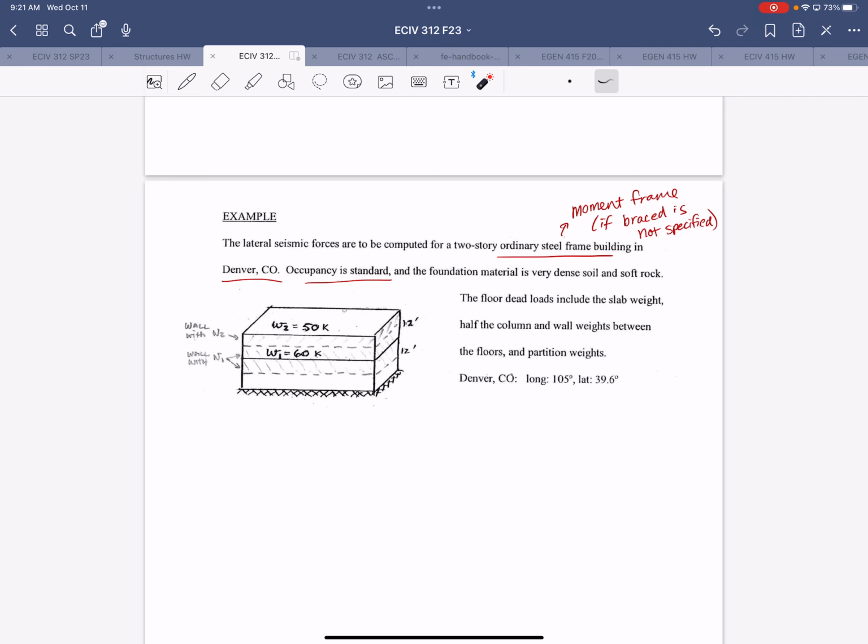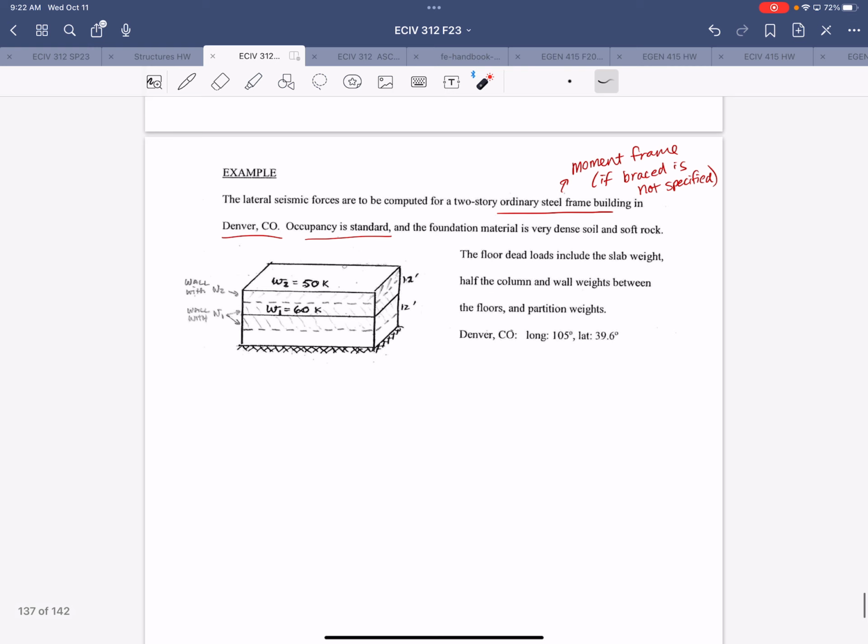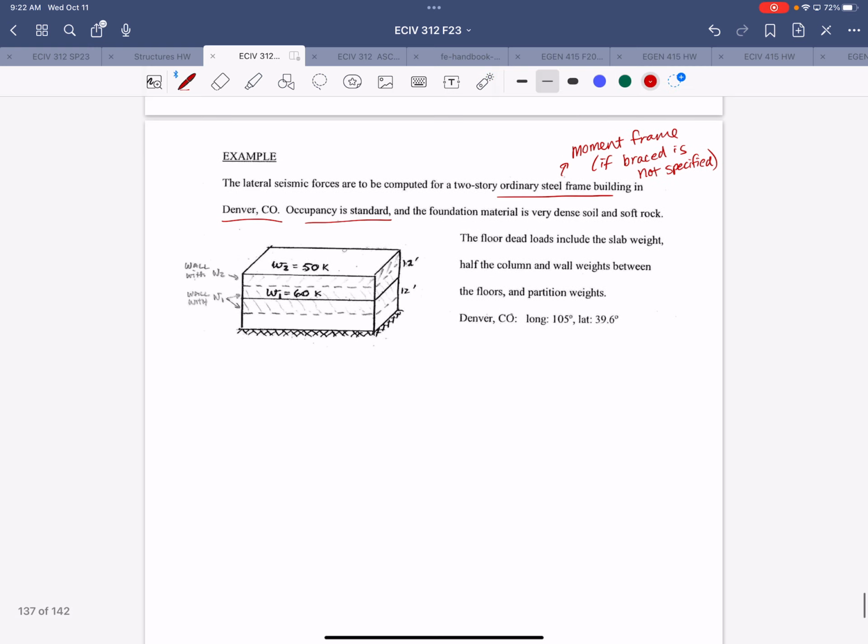For the most part, it is just dead loads, but sometimes it gets a little bit more involved than that. That'll be saved for an advanced class if you choose to take one. But here, you'll just be given the seismic weights at each floor. All right, and then we are given the location of the site, all right, longitude and latitude.